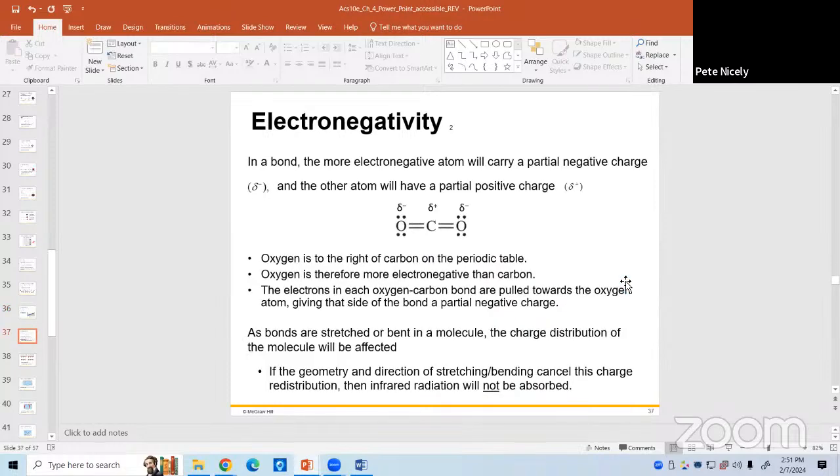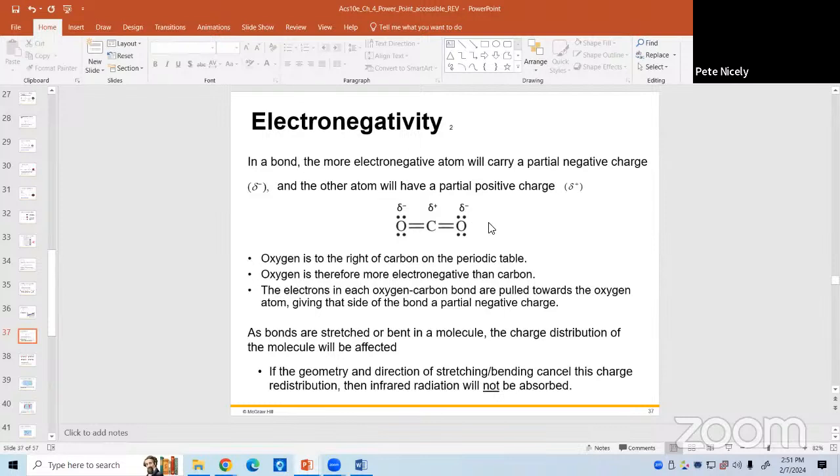Now, as we said before, the more electronegative atom will have a greater pull on the shared electrons, and therefore, as a result, the electrons that are shared will on average be closer to the more electronegative atom. The consequence of that is an accumulation of negative charge on the more electronegative atom. So in the case of carbon dioxide shown here, for this bond, the oxygen will pull these electrons closer to it.